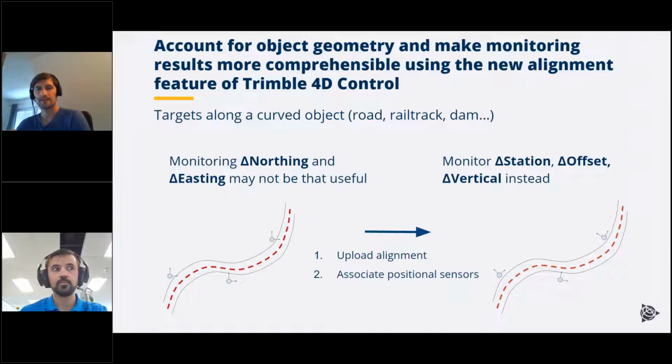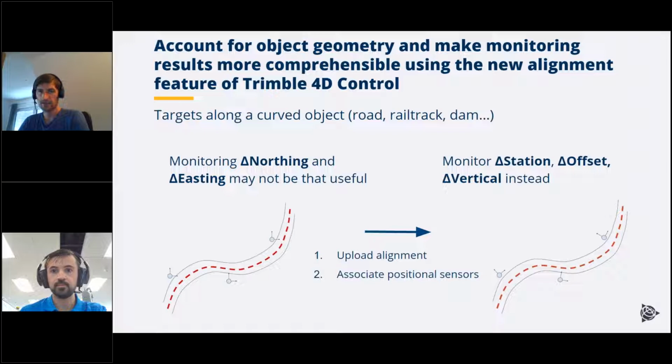So the interpretation and also the analysis of the data is way more meaningful and easier to understand if the values are, for example, perpendicular to a dam wall, if you think about a dam, or like here in this example, a road, or for example, a tunnel. So you're really interested in the movements along the monitoring object or perpendicular to the monitoring object.